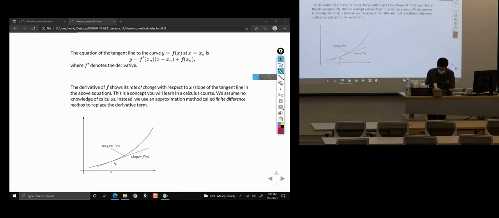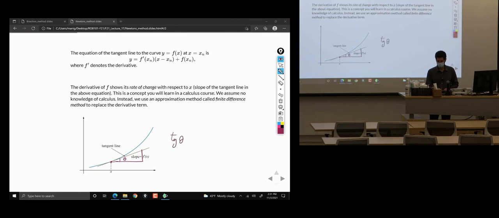Now, what is the slope here? If I move my x-axis here, how do you define the slope? Let's say we know a little trick: the tangent.